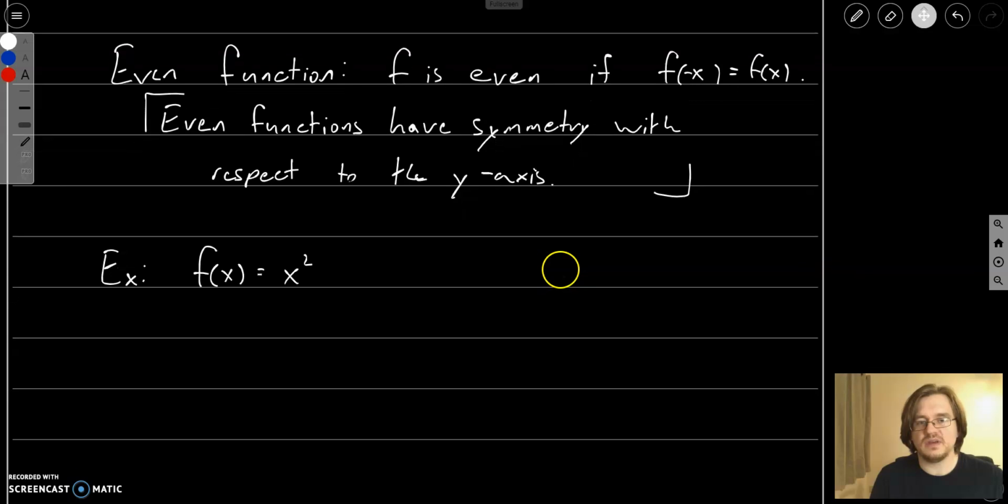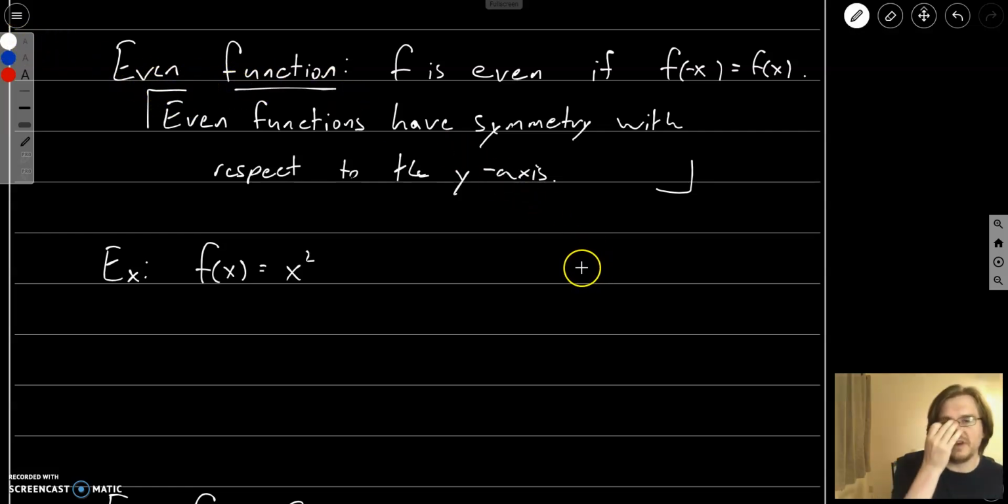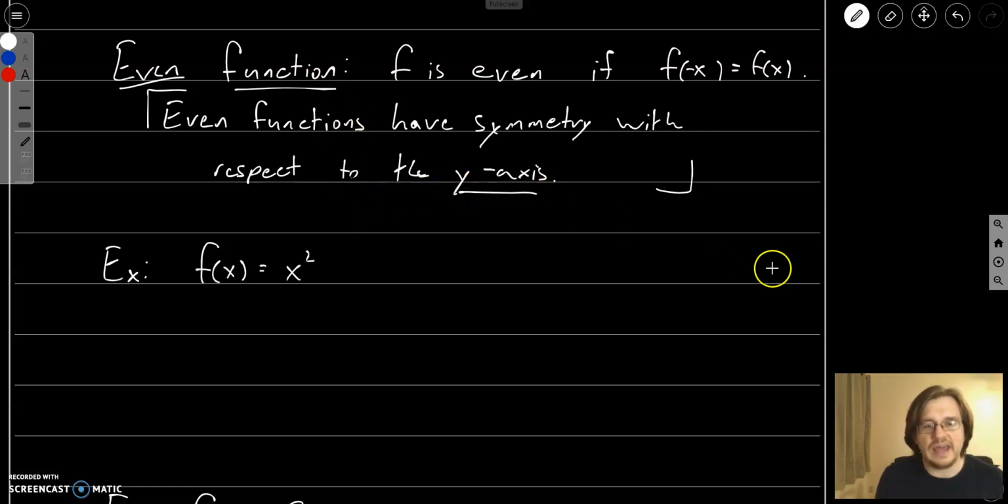So what we've been looking at before have been graphs, and now we want to look at symmetry in functions in particular. So remember that every function will correspond to a graph, but not every graph comes from a function. So even functions give graphs that have symmetry with respect to the y-axis.